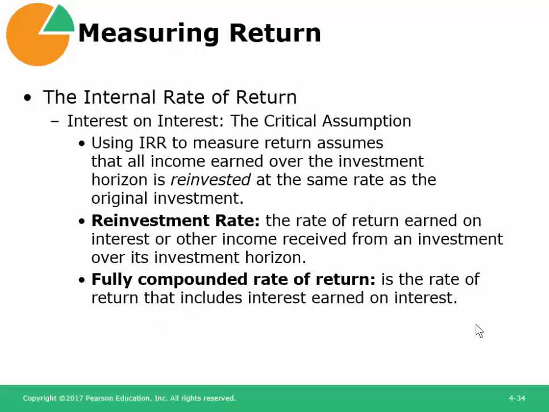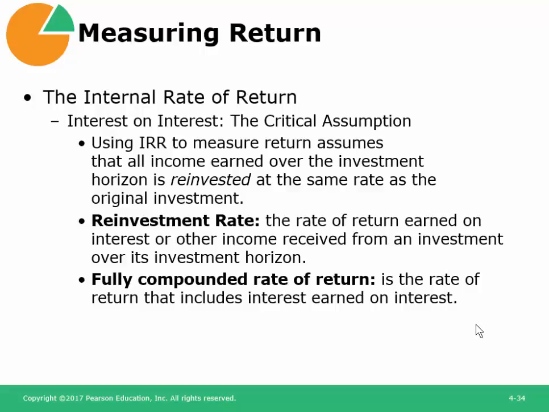So what are the assumptions we need to understand? We need to understand interest on interest, how that actually works. The internal rate of return assumes that future money, these future cash flows, are all going to be reinvested at the same rate of return.